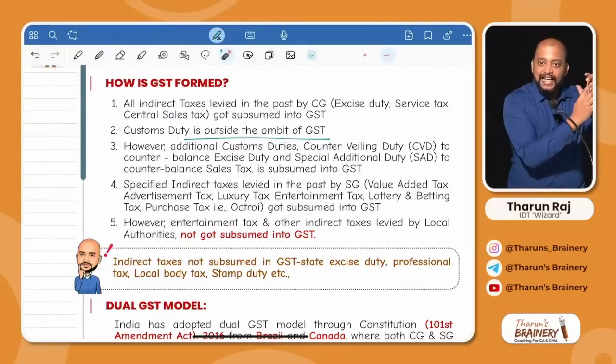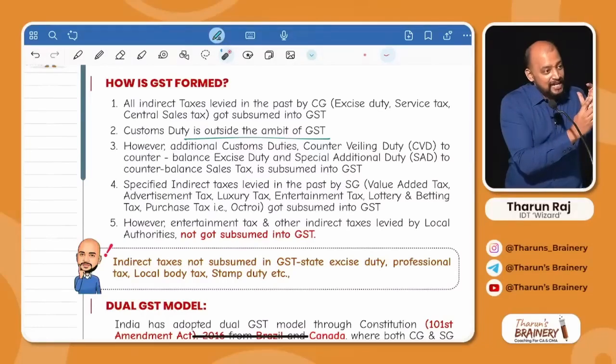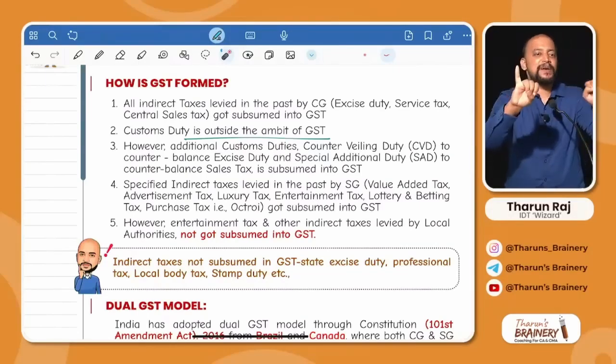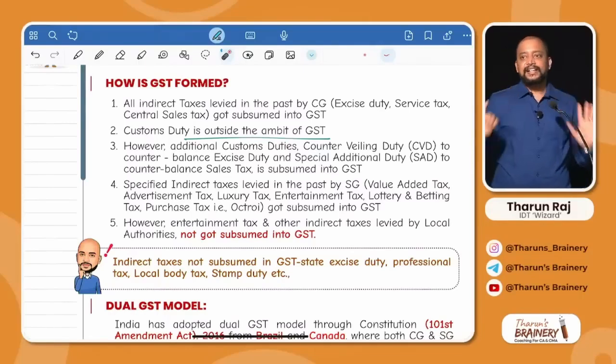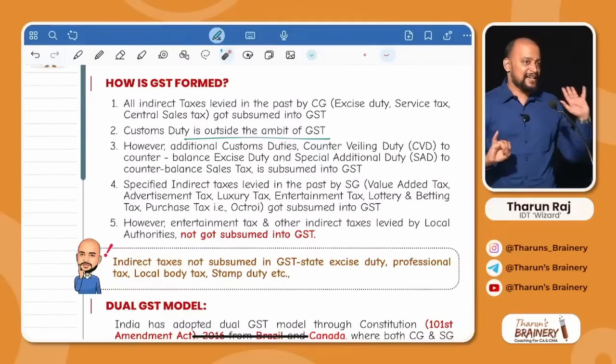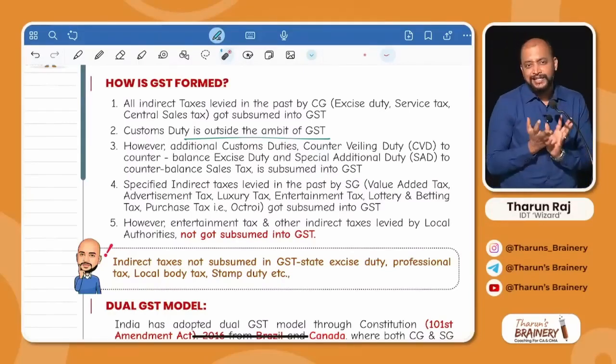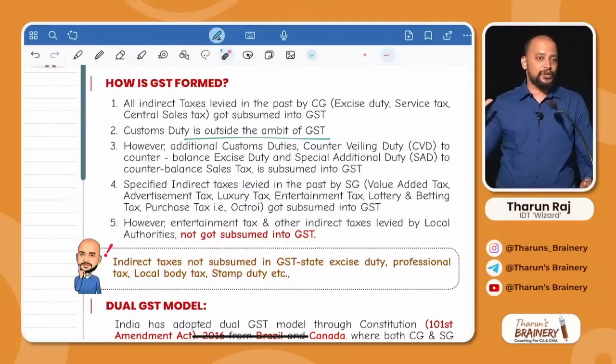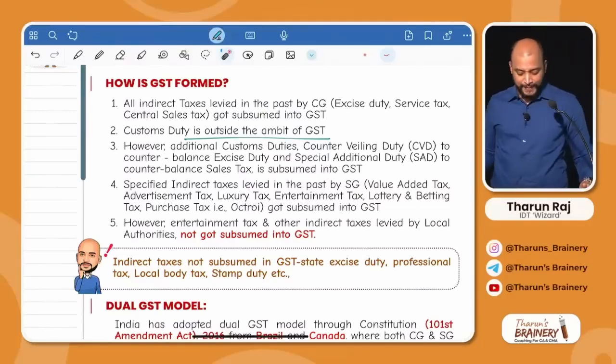Value added tax, entertainment tax, advertisement tax, luxury tax. And thereafter lottery and betting tax. One more, that is purchase tax. Is it clear? These 6 are the only indirect taxes levied by the state government in the past that got subsumed into GST. Apart from that, other indirect taxes levied by the state government are not subsumed into GST. Can you give me an example for that?